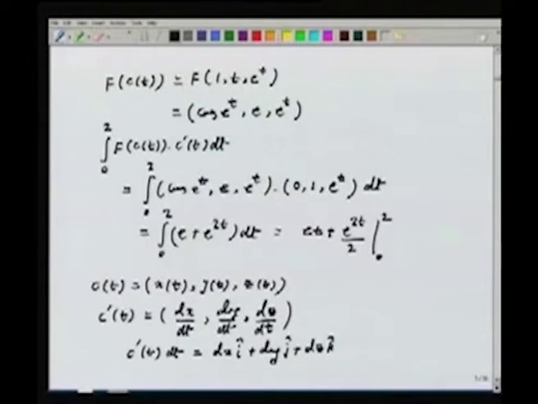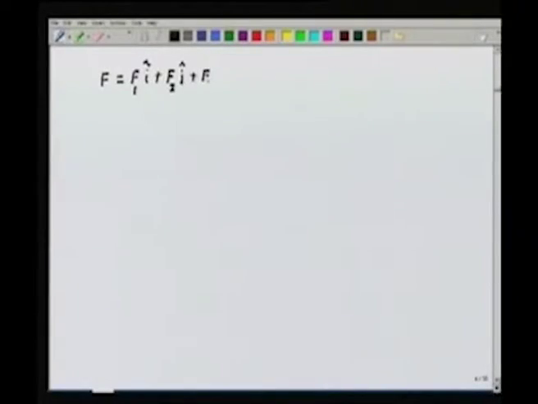and if the vector field f is given as f1, I am suppressing the variables of course, it should actually be f1 of x, y, z i plus f2 of x, y, z j and so on, plus f3 k.